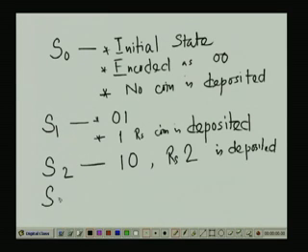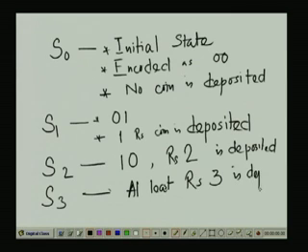And S3 means either 3 or 4, that is at least 3 rupees is deposited. So it will give an output, meaning one ticket is delivered.